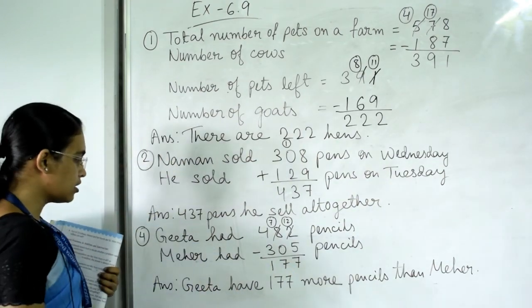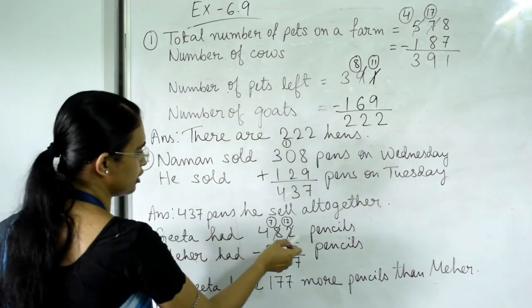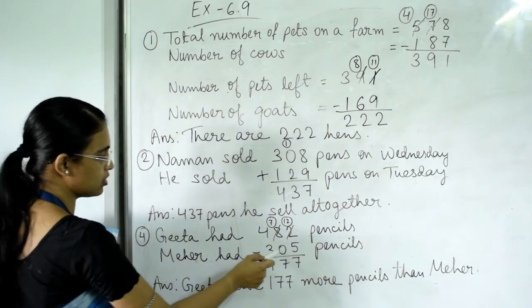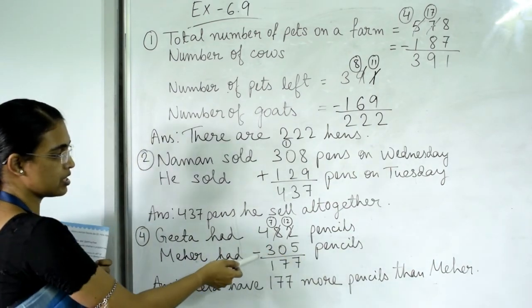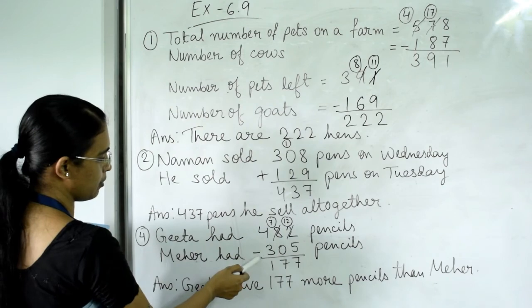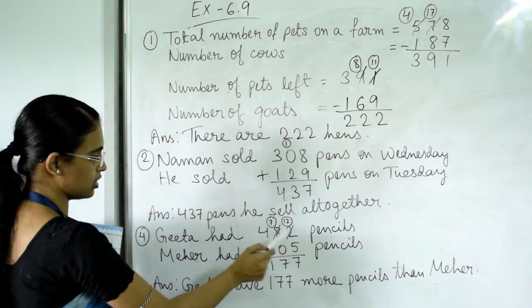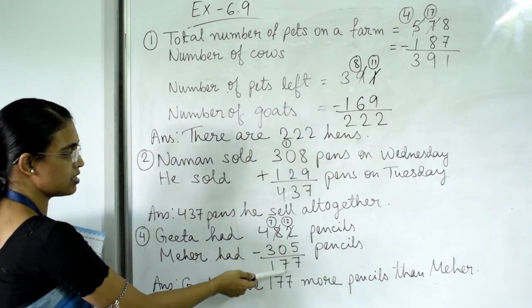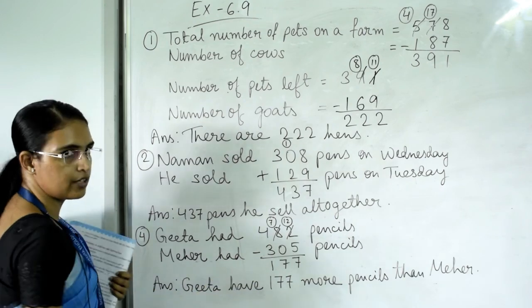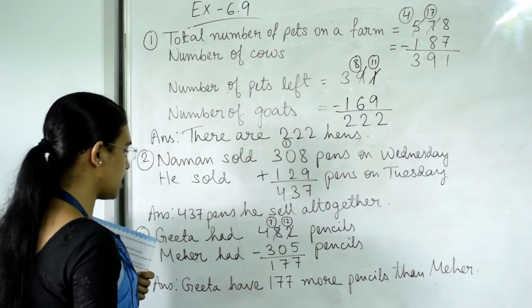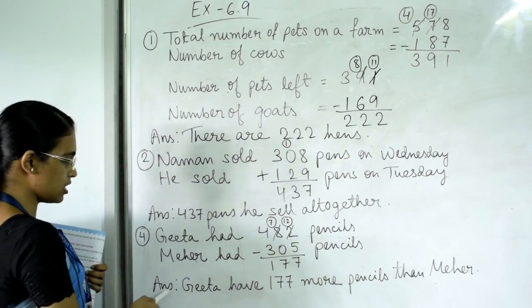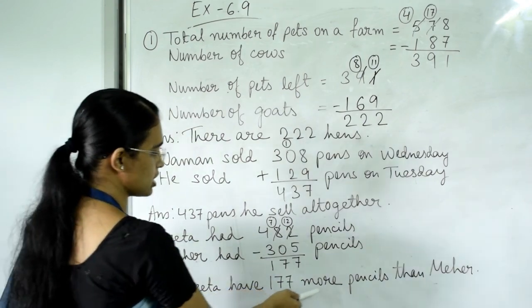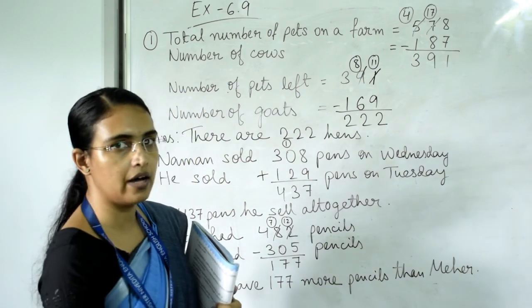So for that, write Geeta had 482 pencils, Meher had 305 pencils. So this is a subtraction. Put the minus sign, then subtract these two numbers. Then the answer is 482 minus 305 is 177. So the answer is Geeta has 177 more pencils than Meher.